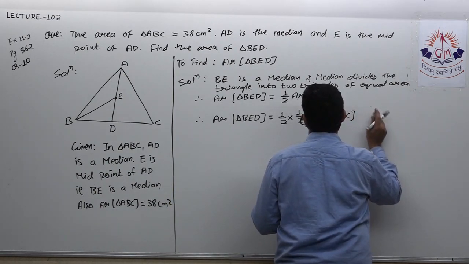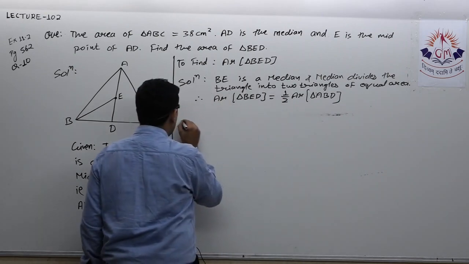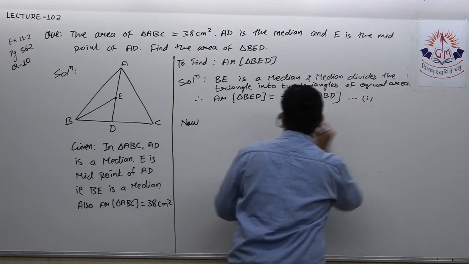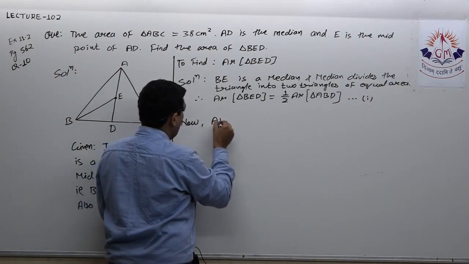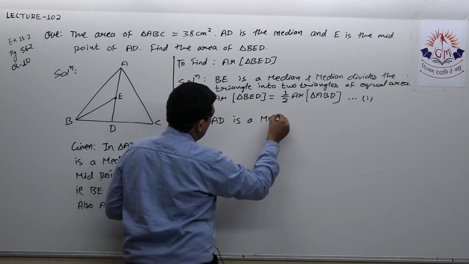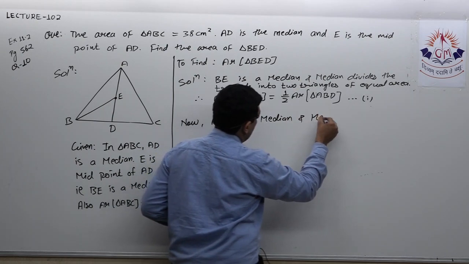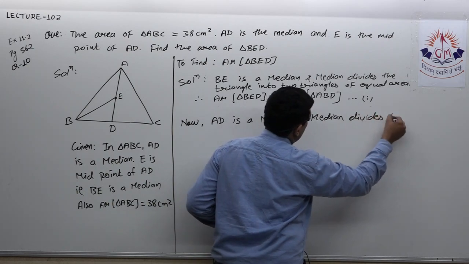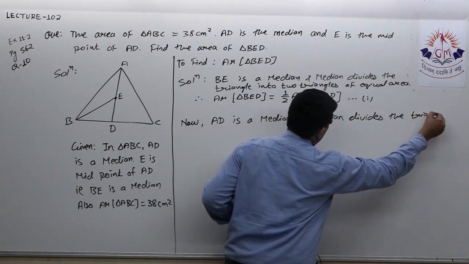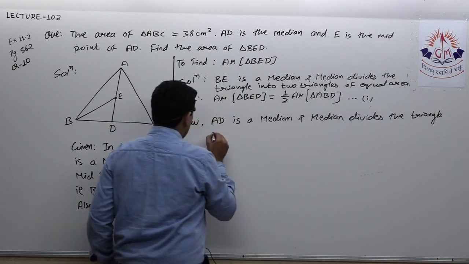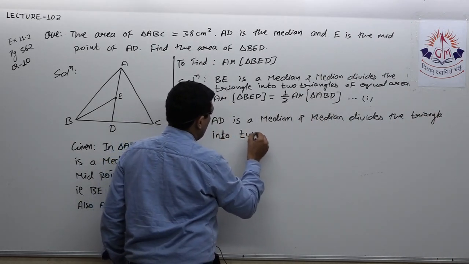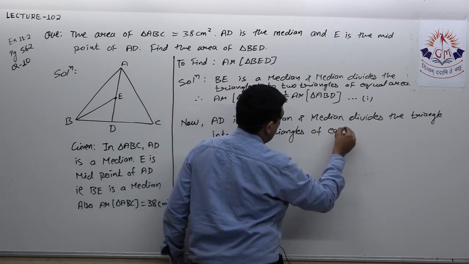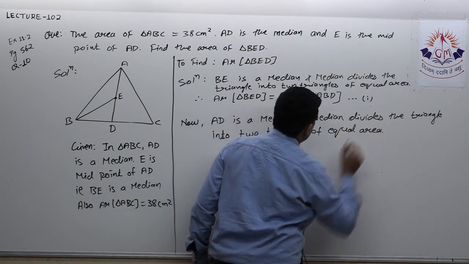I will write the reason separately, and then I will put this value over here. Let it be first. Now AD is a median, and a median divides the triangle into two triangles of equal area.